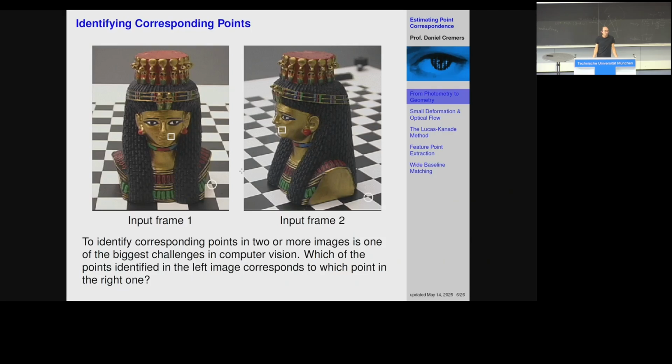Because we can no longer identify correspondence, because the color changes are so drastic from one image to the next, the same structure will not have the same color, and then we can no longer associate correspondence. Which shows you that humans use brightness consistency to identify correspondence over time.